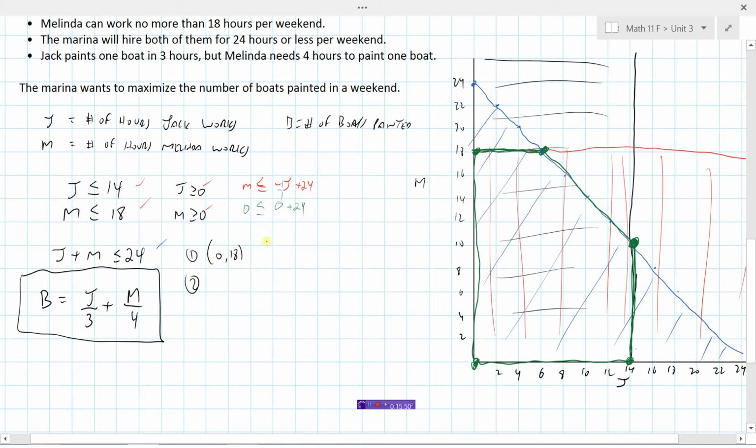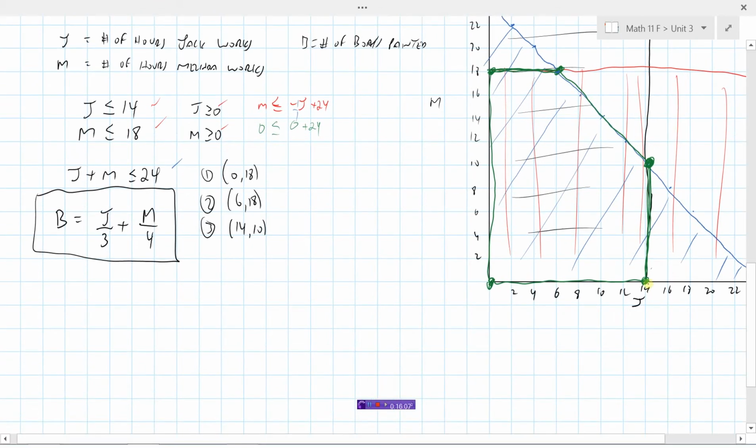Let's just go clockwise around here. This is the point 6, 18. This is the point 14, 10. This is the point 14, 0. And finally, our last point is the point 0, 0.